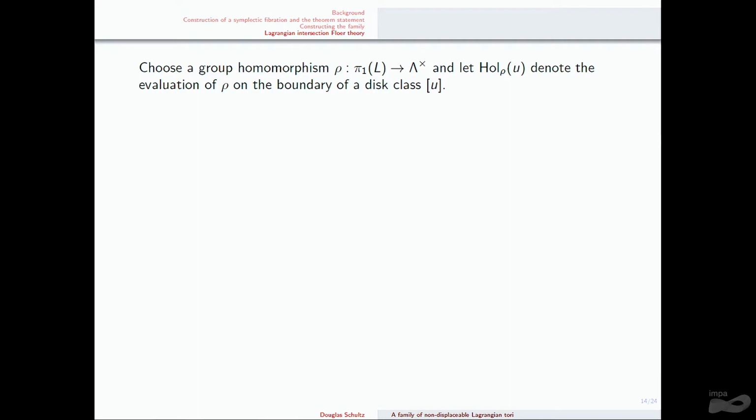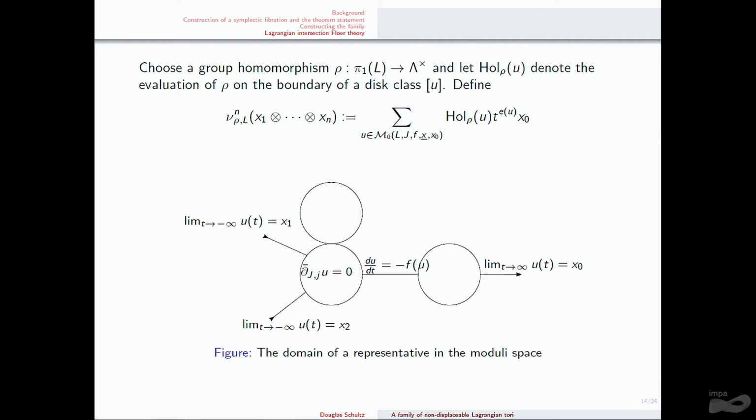Okay. And then you try to do this to some degree.